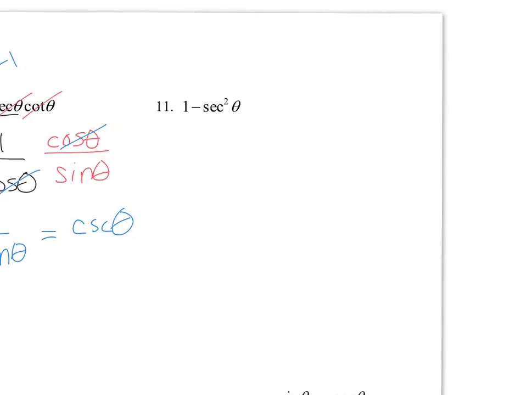Okay, the next one. So to write this simpler, this looks like a Pythagorean identity. So I have 1 plus tangent squared theta equals secant squared theta.